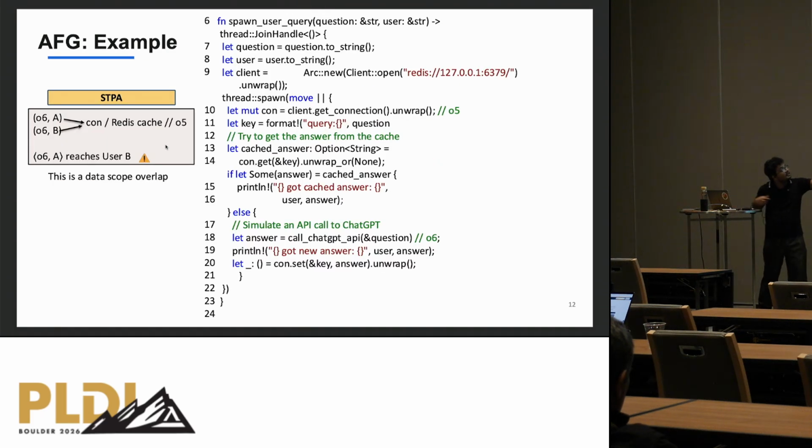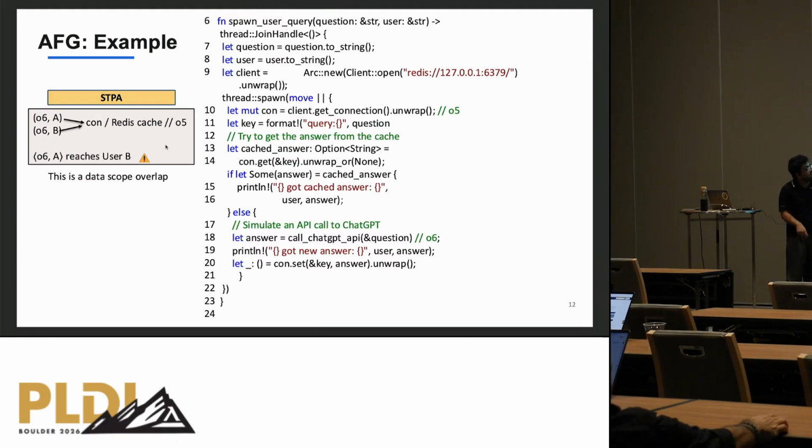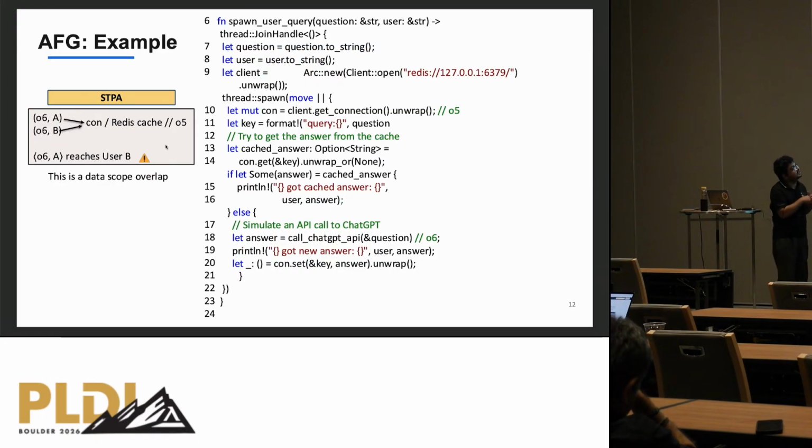Although, I might say that in the MAMP stage there is another thing we need to do. For example, in line 10 you see that we have a client get connection that is basically connecting to the same Redis cache database. That's also something we need to taint, because it's in a shared environment and this is a shared object.